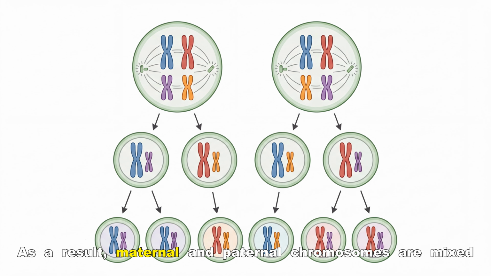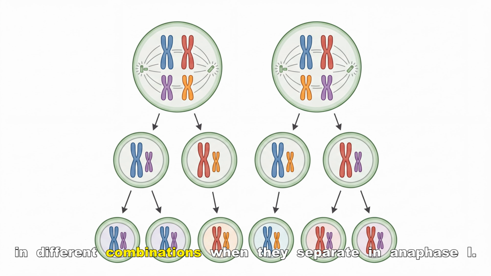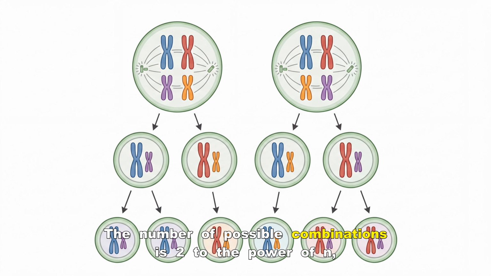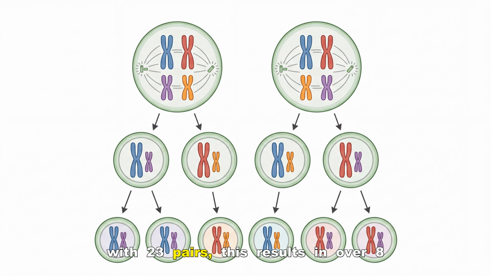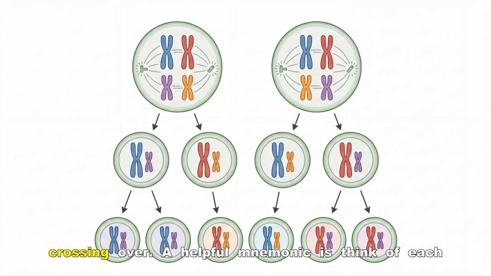As a result, maternal and paternal chromosomes are mixed in different combinations when they separate in anaphase 1. The number of possible combinations is 2 to the power of n, where n is the number of homologous pairs. In humans, with 23 pairs, this results in over 8 million possible combinations even before considering crossing over.